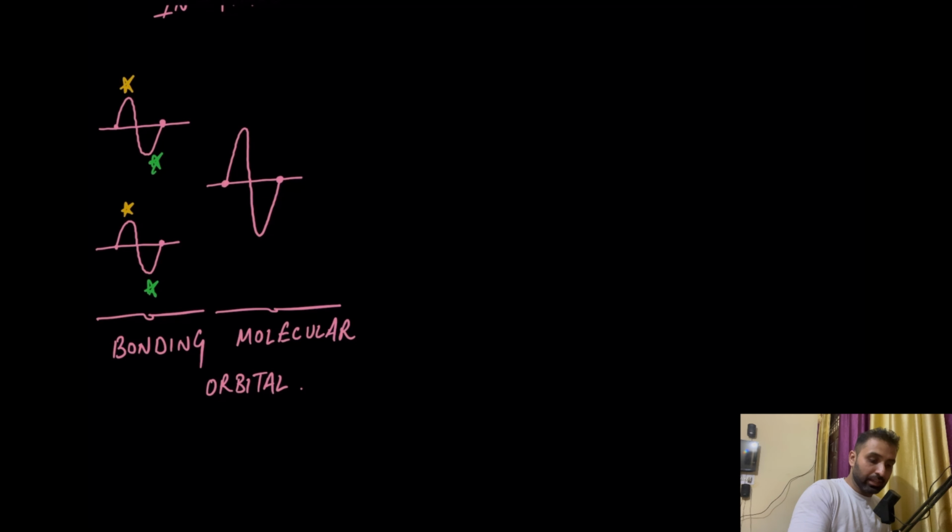I'm repeating it again. When the two atomic orbitals are mixing with each other, the electrons move in waveform. When the two waves of both electrons are in phase, constructive interference occurs, which results in a new wave with greater amplitude but the same wavelength, and the formation of a new molecular orbital, termed the bonding molecular orbital.